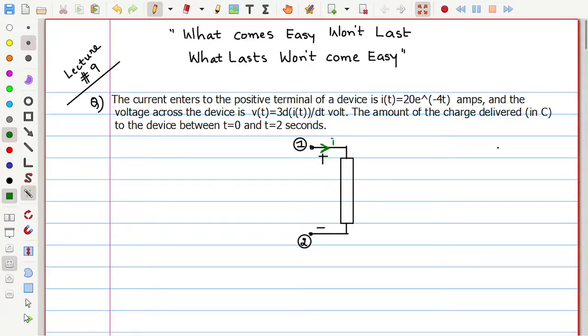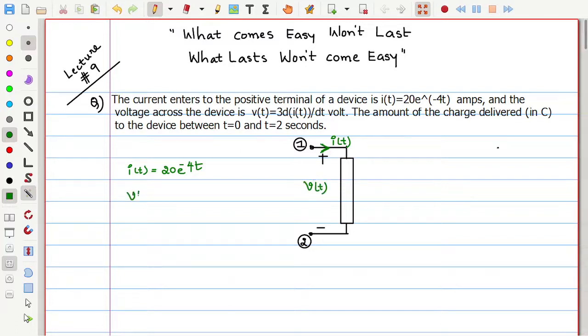The current i of t is given as 20 e power minus 4t amperes. And the voltage across the device is given as v of t.